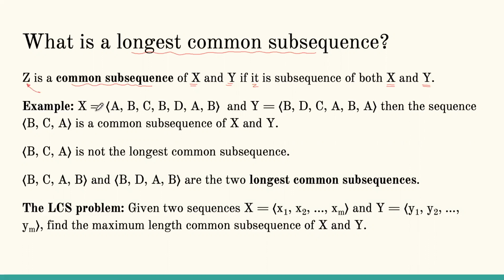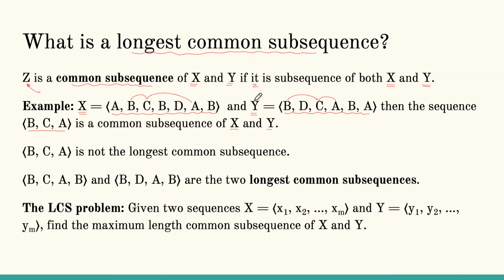Say we have our sequence X that looks like this, and then we have another sequence Y that looks like this. Then we say that the sequence BCA is a common subsequence of X and Y, because we have BCA as a subsequence of X, and we also have BCA as a subsequence of Y.